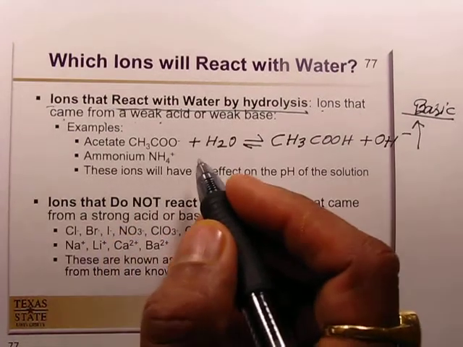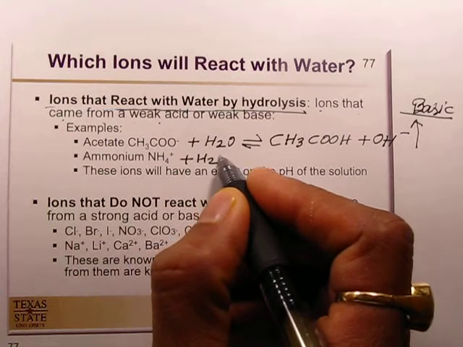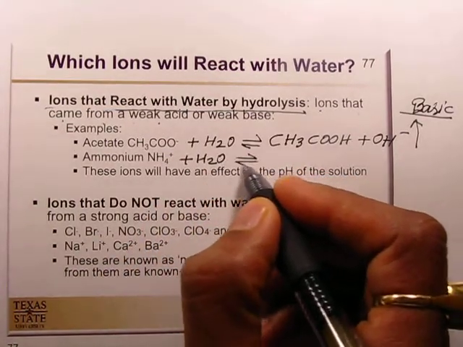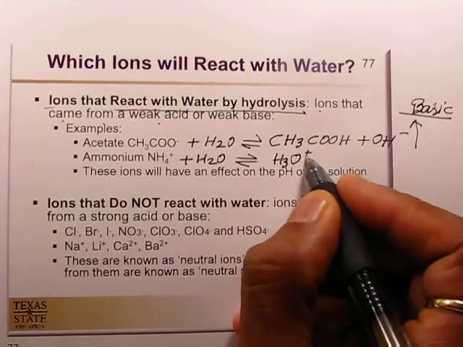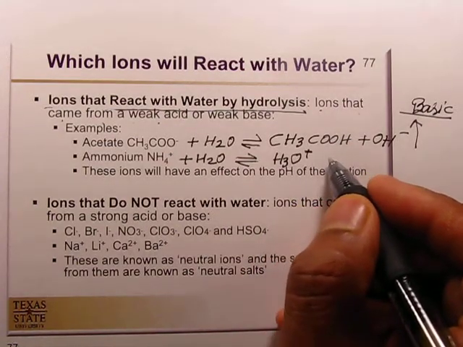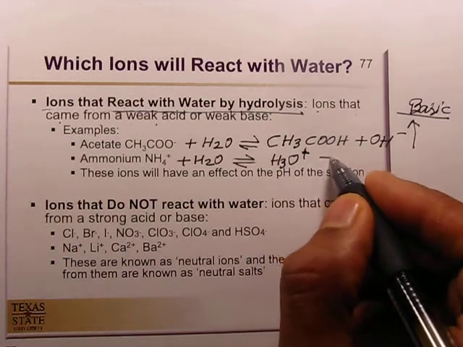And the ammonium ion, when it reacts with the water, donates one proton to the water. So what happens here, the H plus ion remains with the water in the form of hydronium ion, plus ammonia.